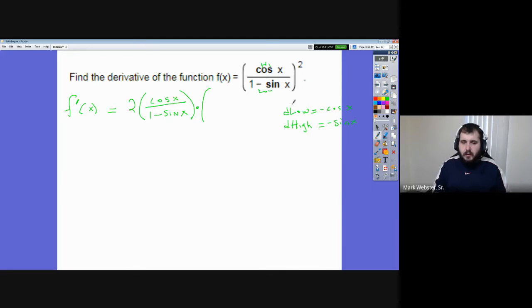Low d high times negative sine x, we'll put a negative out front, minus high d low, high times d low, over low squared.